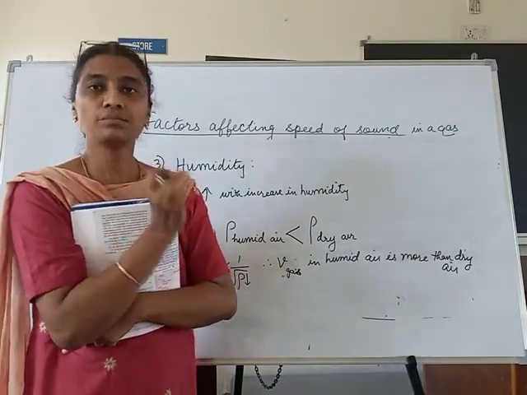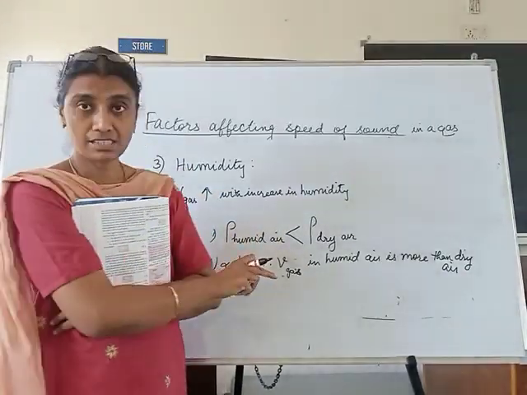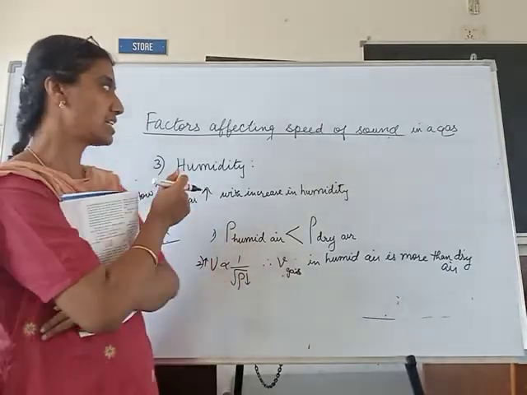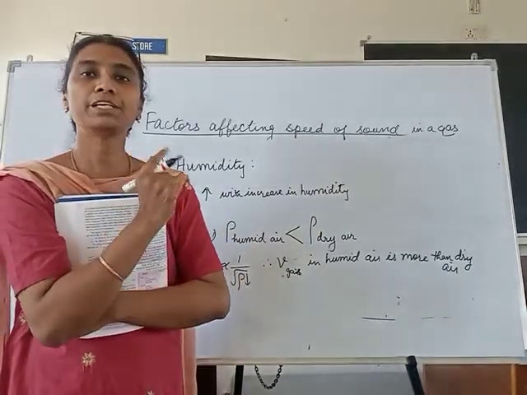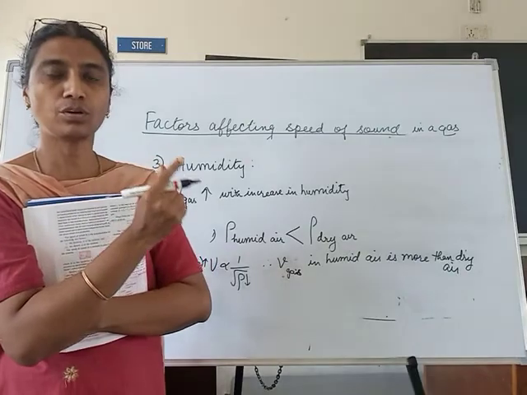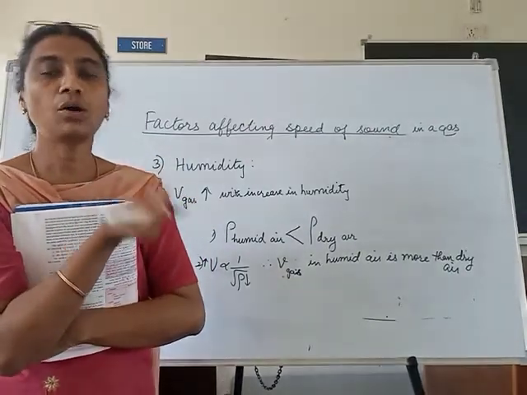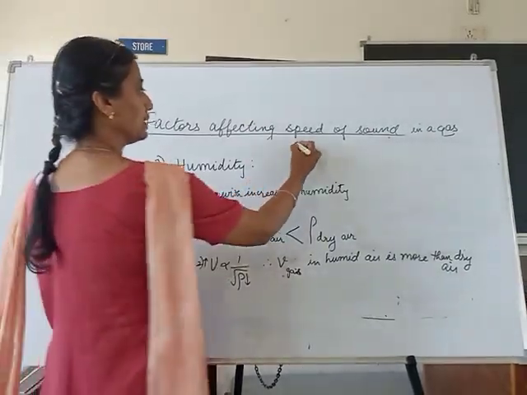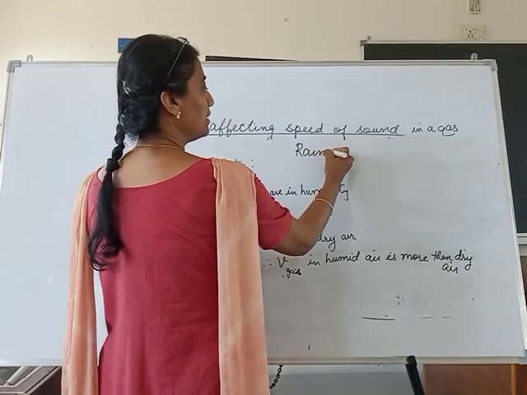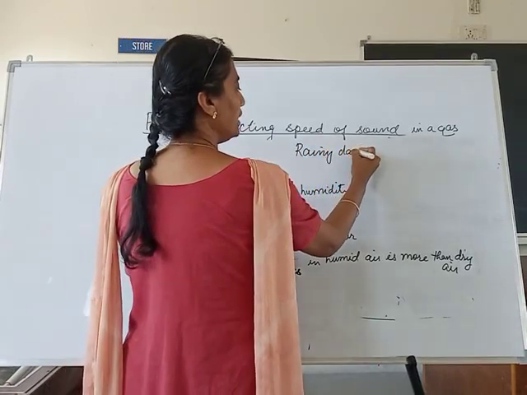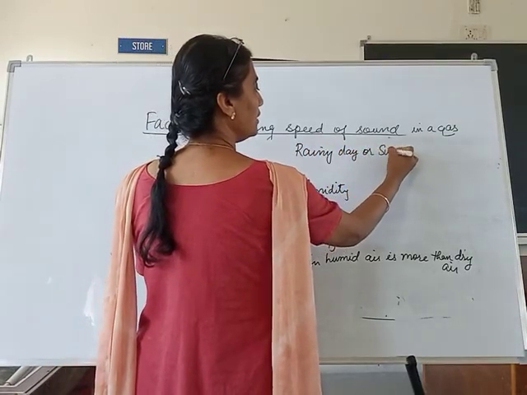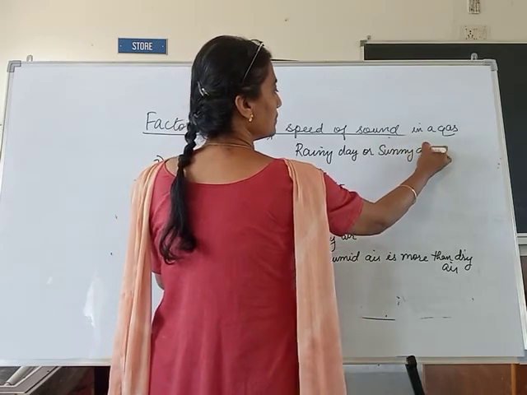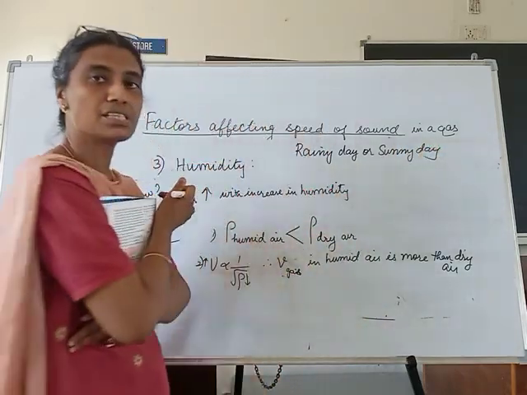Now sometimes, instead of asking this directly, they will ask like this: will the speed of sound be more on a rainy day or sunny day? If they ask you to compare the speed of sound on a rainy day or sunny day, what is the main difference?